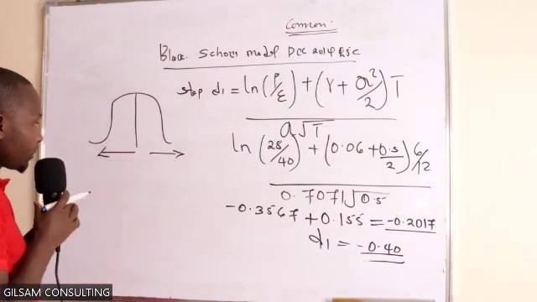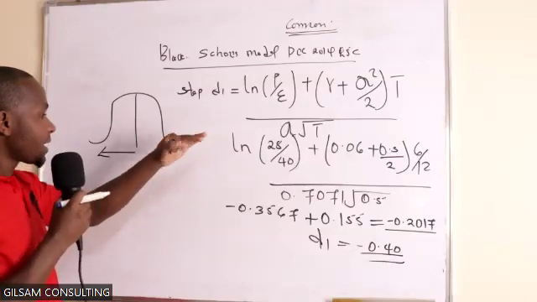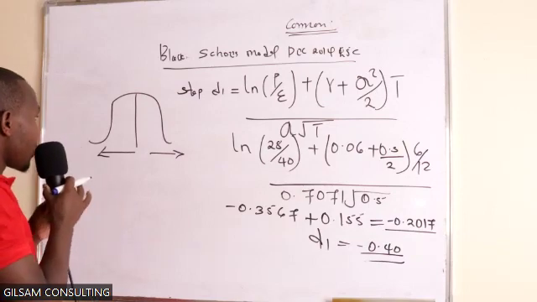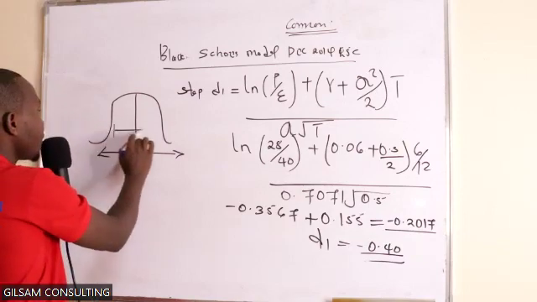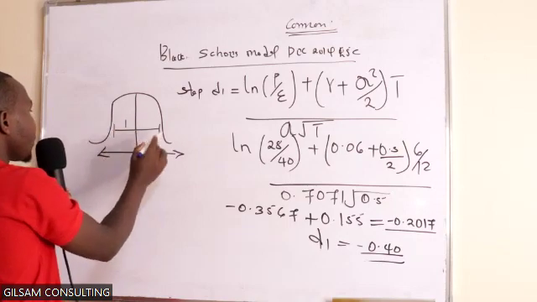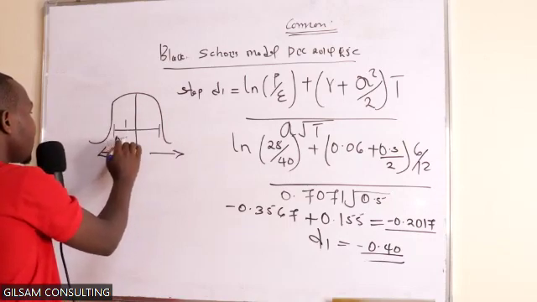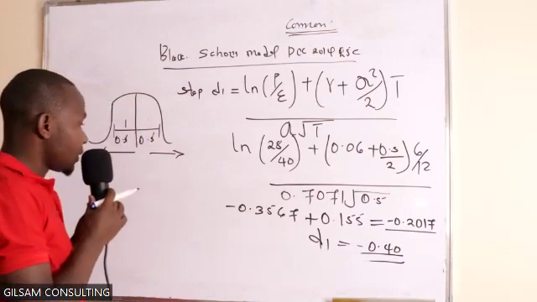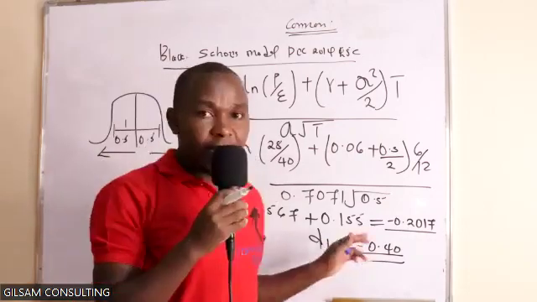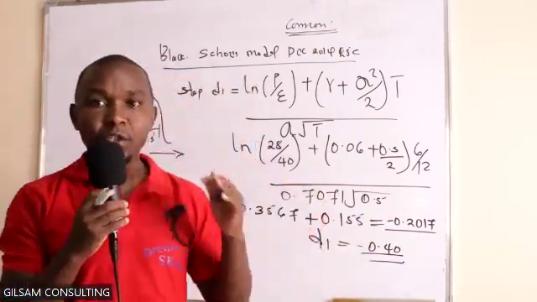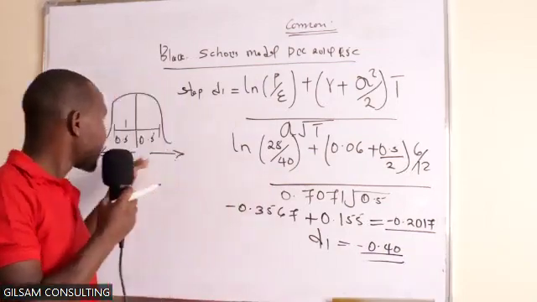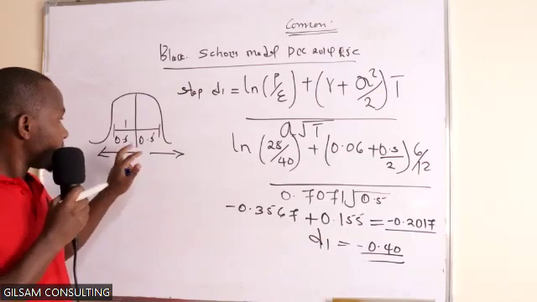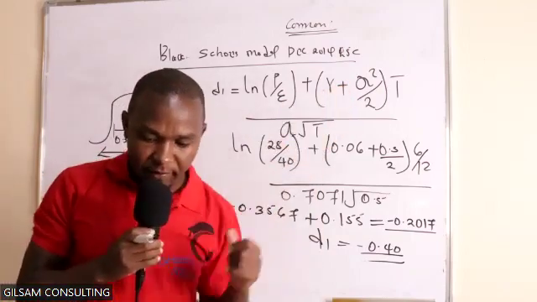If you are going this way, that is negative. If you are going this way, that is positive. From here to here is 1, so if you divide by 2, this side is 0.5 and this side is 0.5. So the negative doesn't have any issue. It only shows the direction from the normal distribution table.